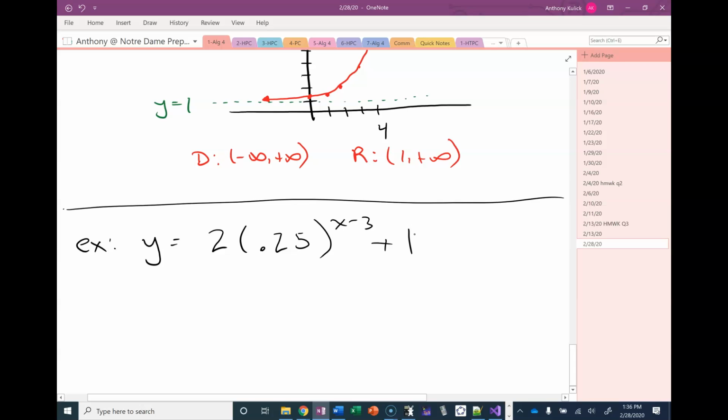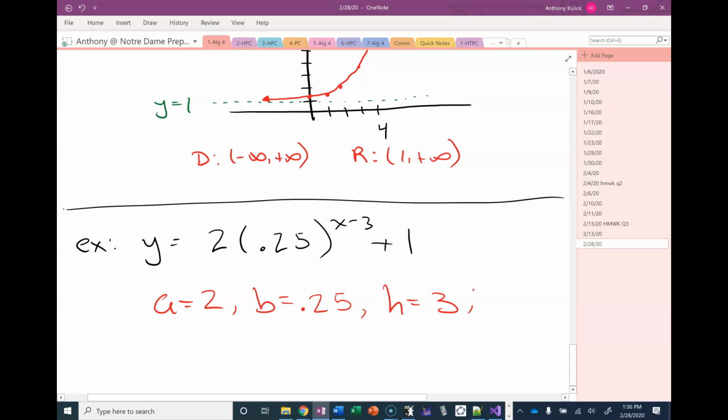So let's say we have this one. What's my value for A going to be? 2. Good. My value for B? 0.25. My value for H? 3.